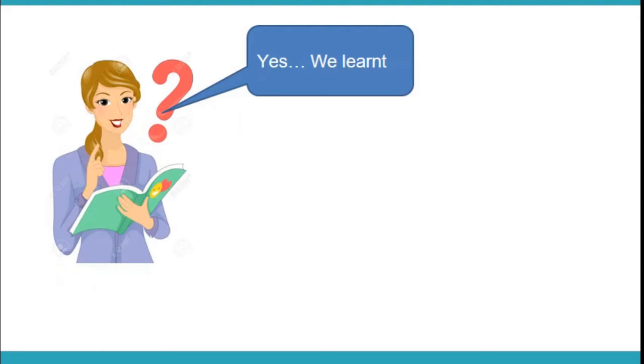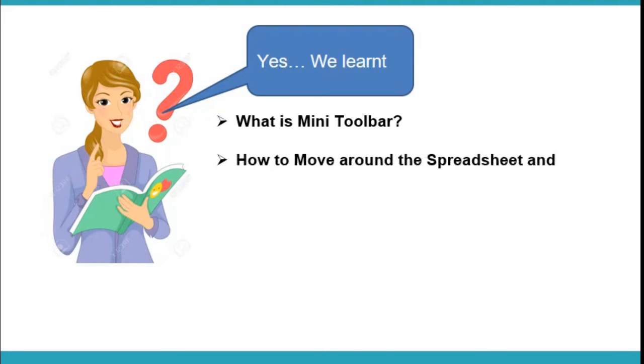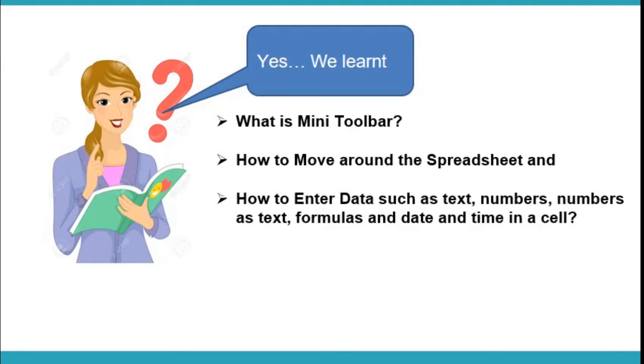Yes, we learned about what is mini toolbar, how to move around the spreadsheet, and how to enter data such as text, numbers, numbers as text, formulas, and date and time in a cell. In this video, we will learn how to change the alignment of data in MS Excel and how to save our work.